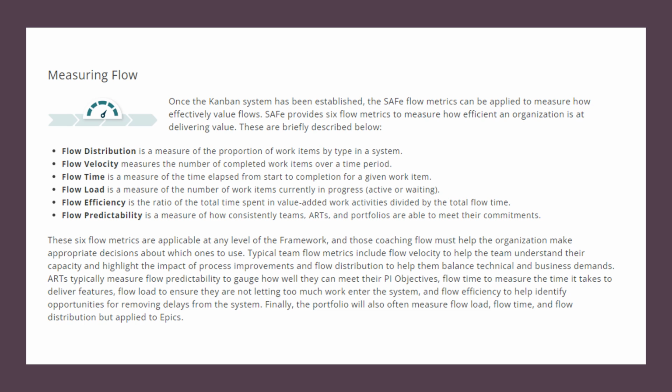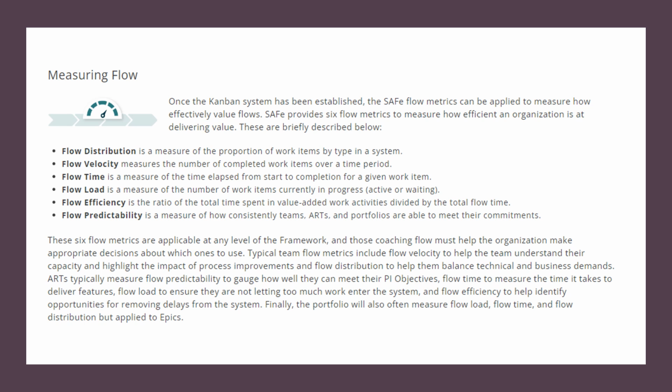Flow distribution is a measure of the proportion of work items by type in a system. The second metric is flow velocity, which measures the number of completed work items over a time period. Flow time is a measure of the time elapsed from start to completion for a given work item.